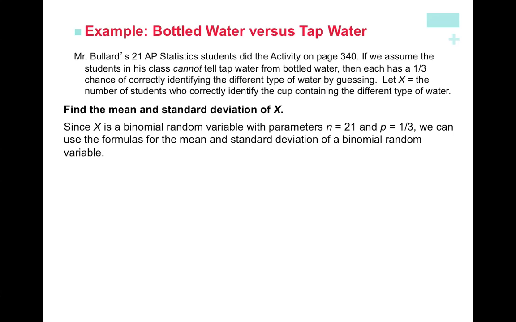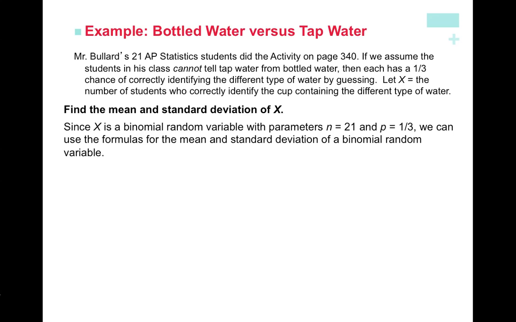We're going to let X be the number of students who correctly identified the cup containing the different type of water. So there are 3 cups in front of them. One of them is a different type of water. The other 2 are the same type. So 1 tap water, 2 bottled water. That's how this scenario is playing out.